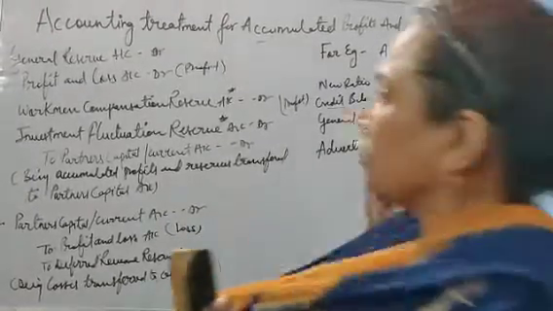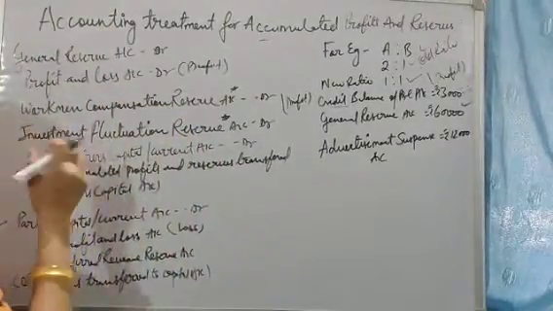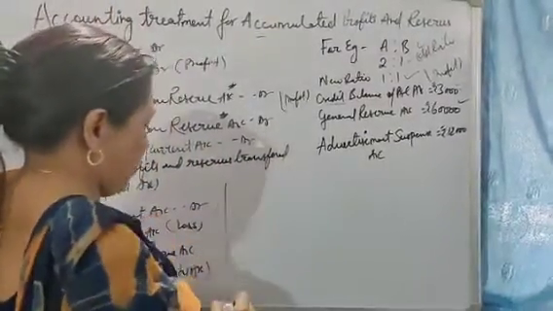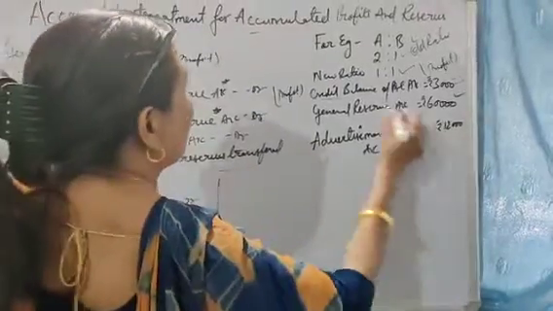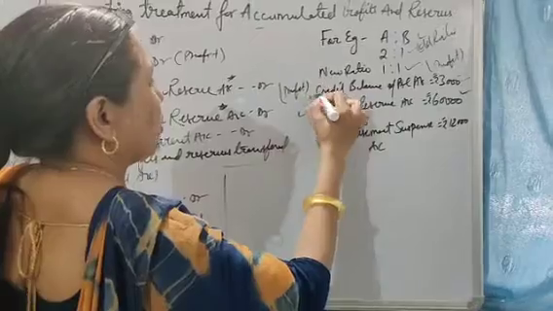Already entries are there, we just post the amount. Okay, here we have general reserve. Okay, we have to prepare entry because different partners are here. First I am preparing entry for that reserves, these two, profit and loss and general reserve.